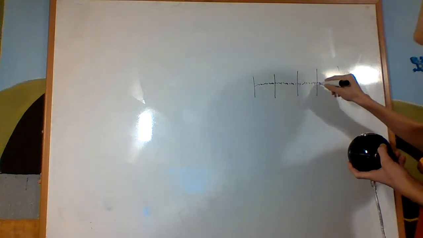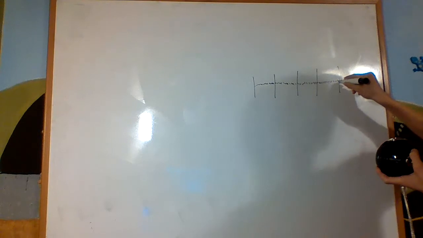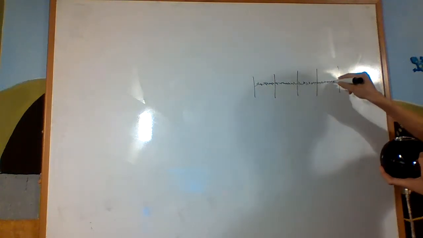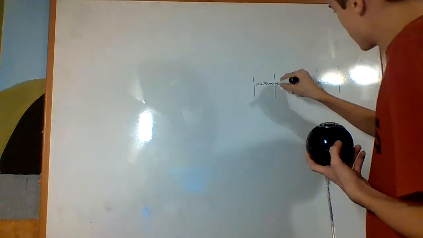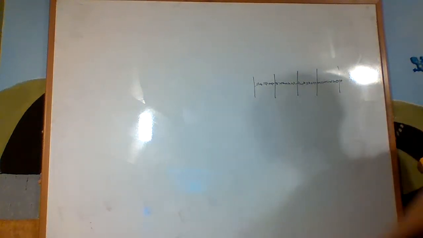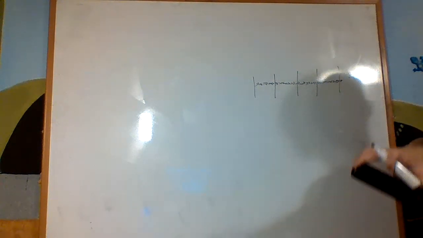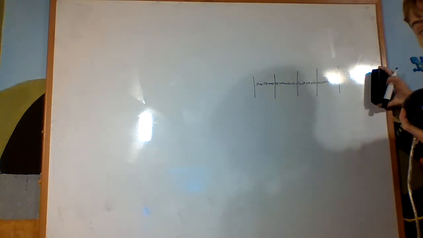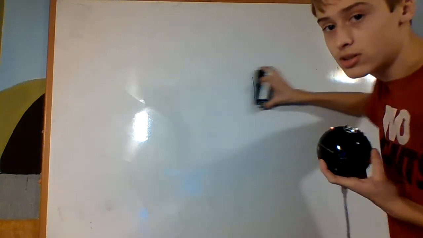There's infinitely many between each natural number. Between each natural number, there's infinitely many rational numbers. And yet they're the same size. That's very counterintuitive.